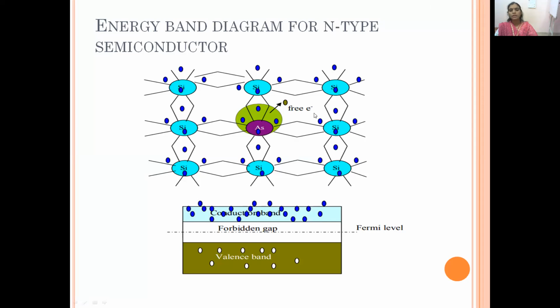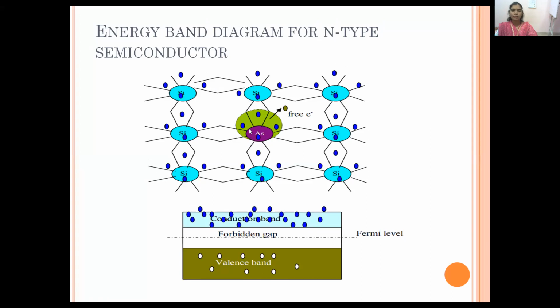We know that a silicon atom has 4 valence electrons and arsenic has 5 valence electrons. When arsenic is added to silicon, 4 valence electrons of arsenic make covalent bonds with the silicon atoms.